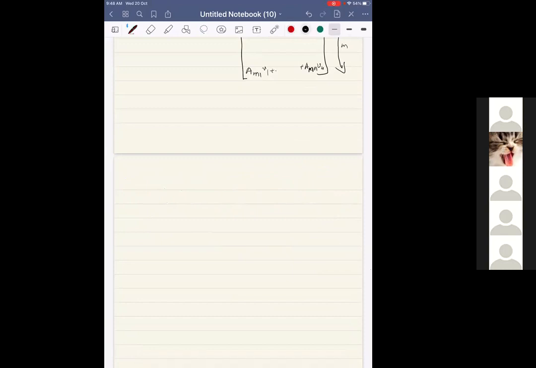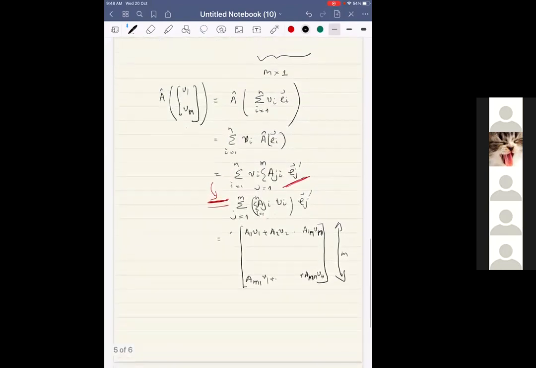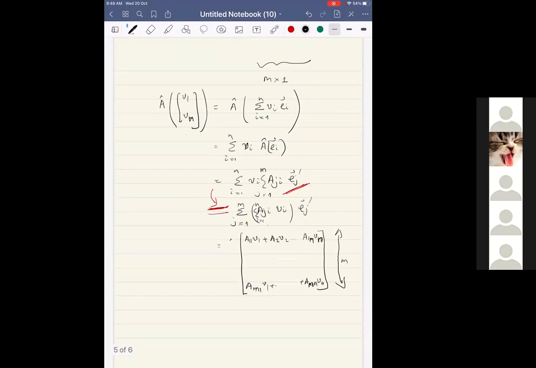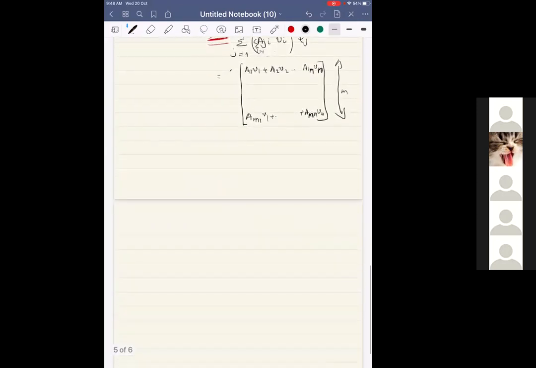See, there are two equations that you have encountered. One is that A hat EI equals sigma AJI EJ prime.